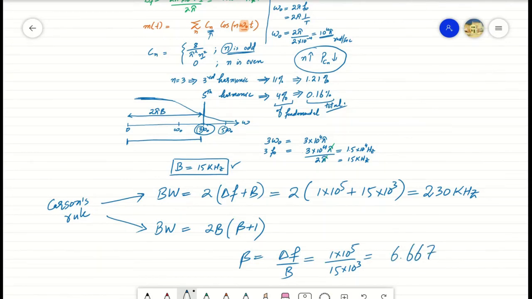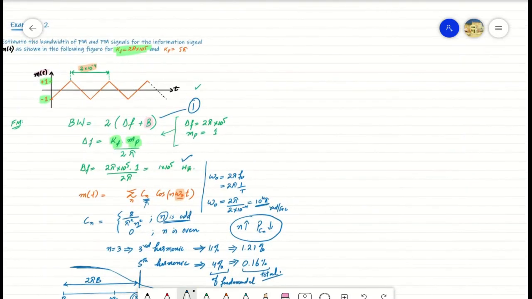By substituting the value of beta and the bandwidth of the information signal in this expression, we obtain 2 times the bandwidth of the information signal multiplied by 6.667, the deviation ratio, plus 1, which is again 230 kilohertz.